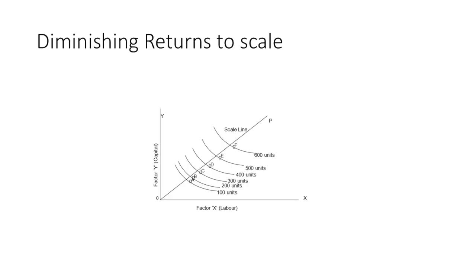The proportionate increase of the inputs, labor and capital, is increasing along the scale line OP, but the outputs still remain the same. There is not much variation in the level of output produced for each proportionate change. This is the case of diminishing returns to scale.